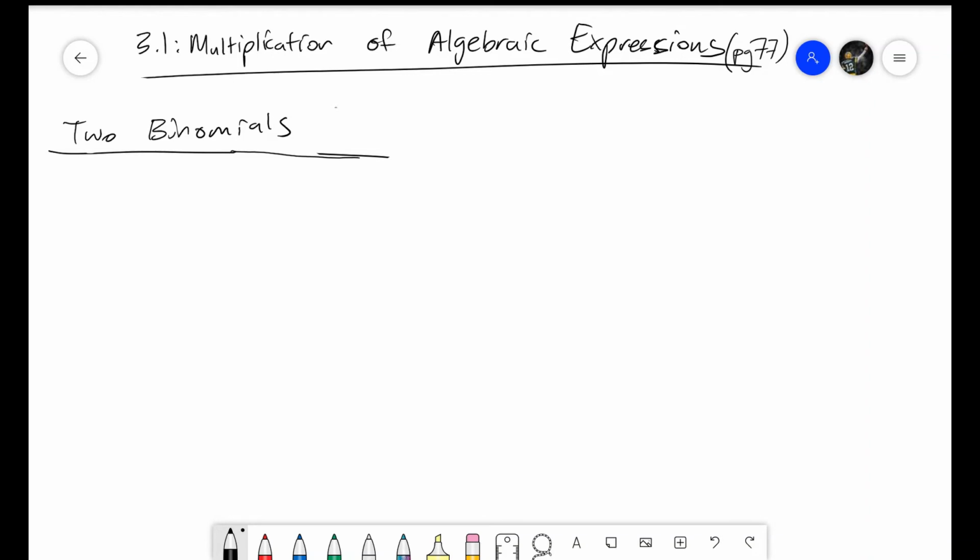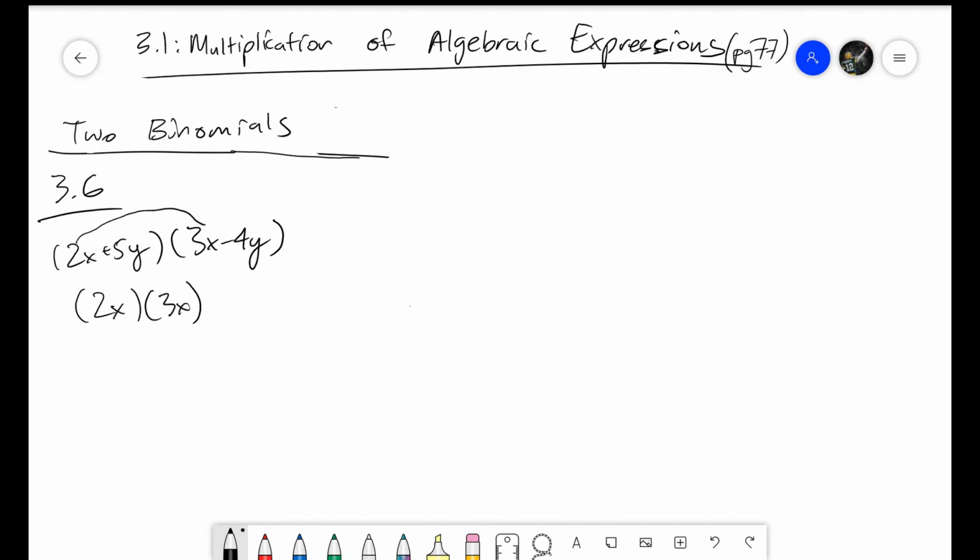So example 3.6. Multiply 2x plus 5y times 3x minus 4y. This is equal to 2x times 3x plus 2x times negative 4y plus 5y times 3x plus 5y times negative 4y.